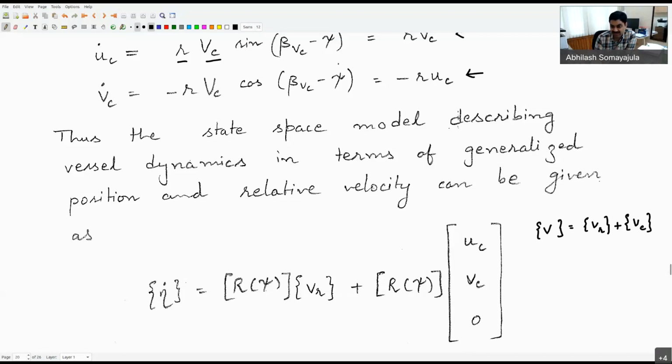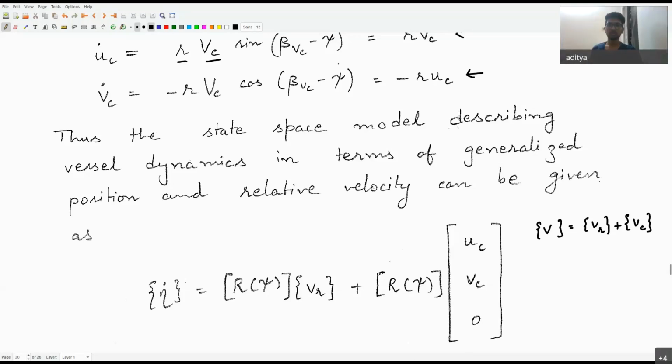I'm just trying to write everything in terms of a single velocity vector, in this case the relative velocity vector. Everybody with me on this so far? Yes, sir. All right, excellent.